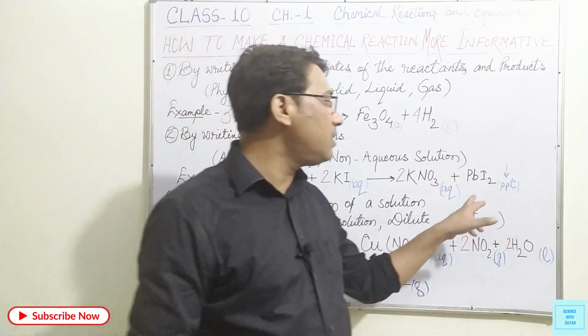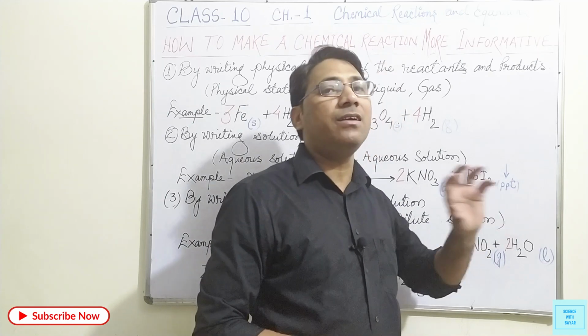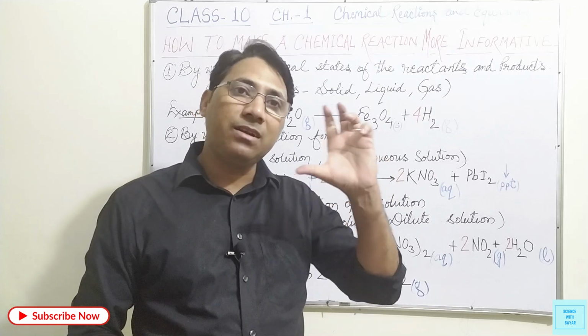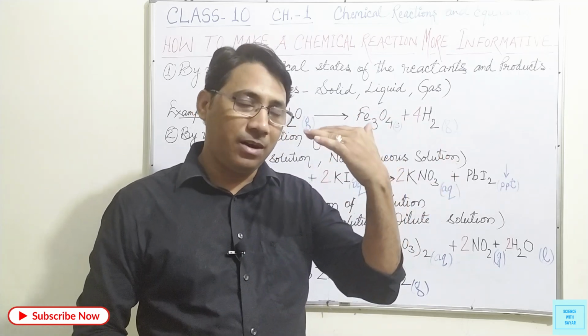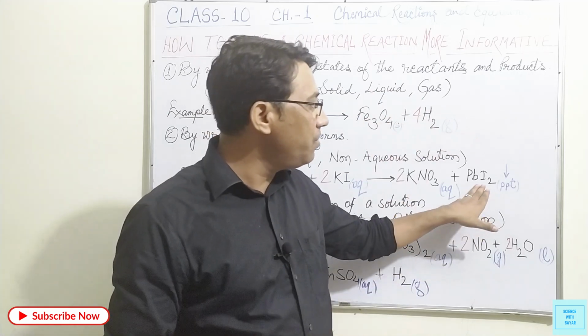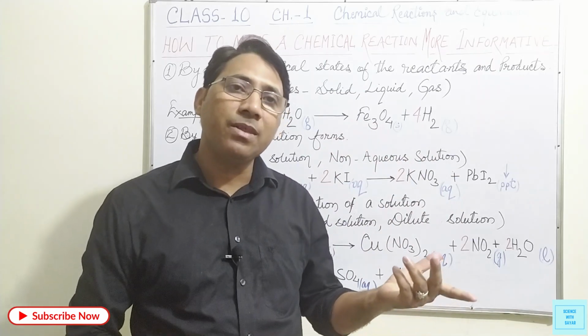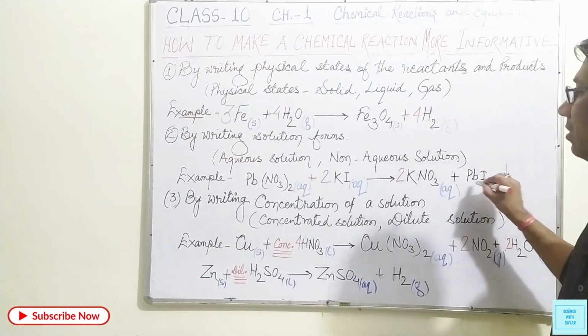But here we can see that there is a new product, lead iodide, that does not dissolve in water. If we leave that solution of products in the container undisturbed for a long time, this will be deposited at the bottom. We can see that this substance does not dissolve in the solution.